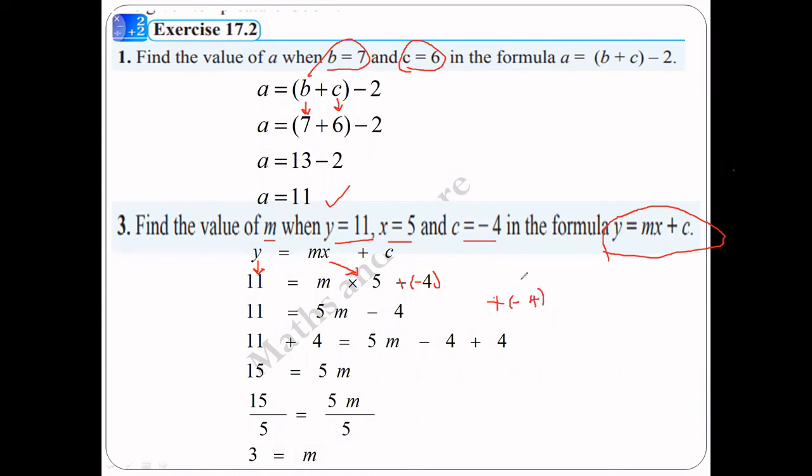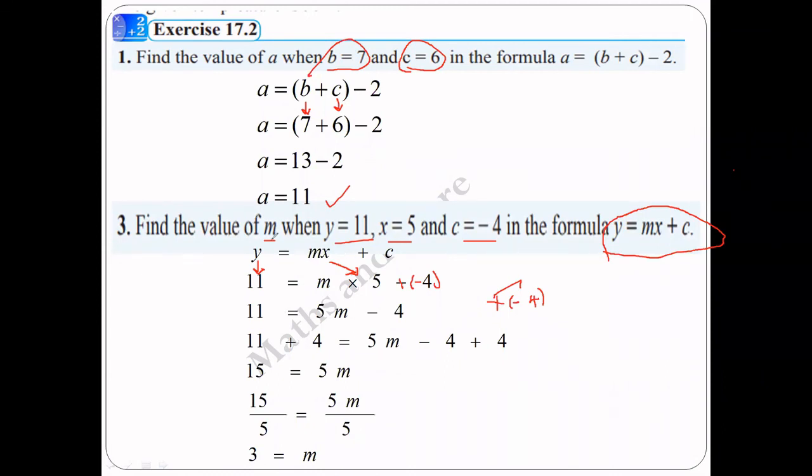When you multiply by plus, there is no change in the sign, so directly you write minus 4. If a minus sign is there, then minus into minus will be plus 4. But here plus minus means minus 4. So 11 equals 5m minus 4.